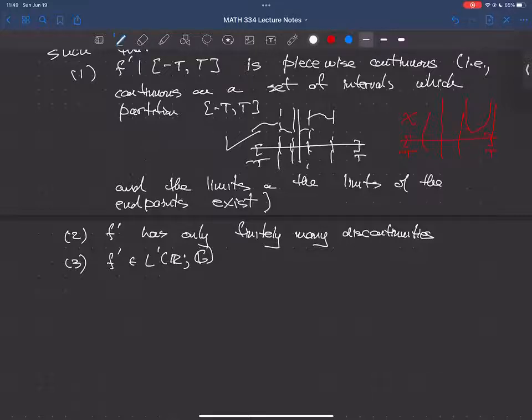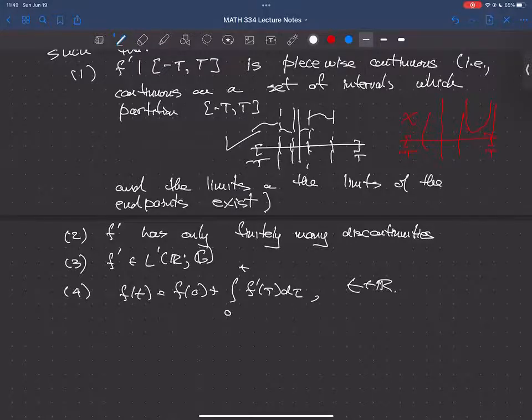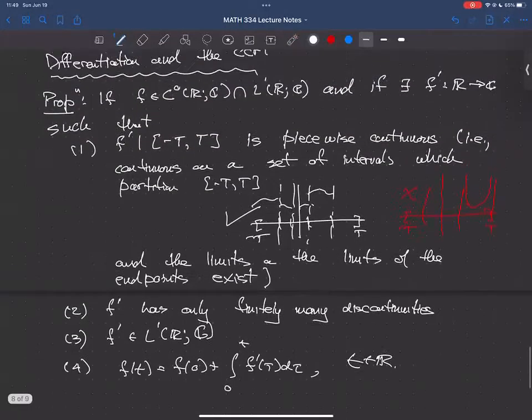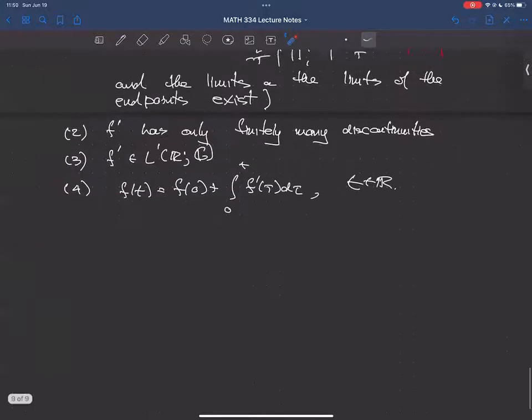And then finally I have the relationship between f prime and f, which is that f of t is equal to f of 0 plus the integral from 0 to t of f prime of tau d tau. That's true for all t. So what this says is that f is the indefinite integral of something which you should think of as being like the derivative of f, and this derivative has to have some properties that I state here.